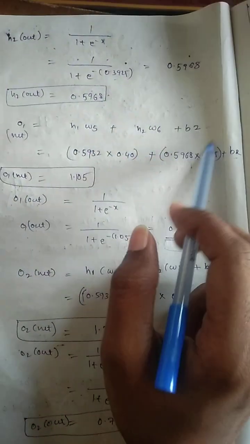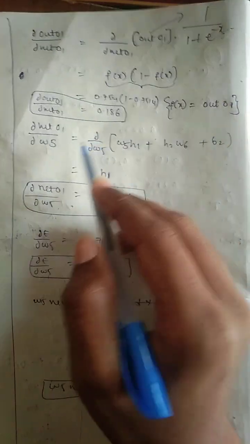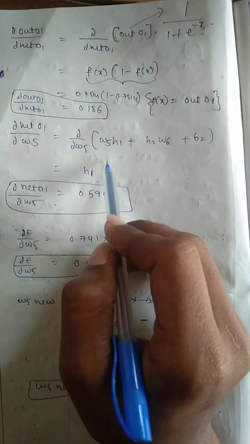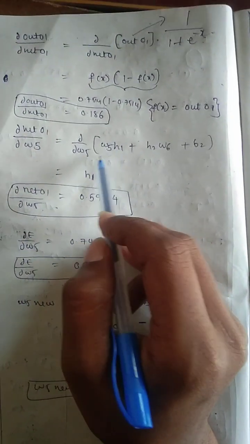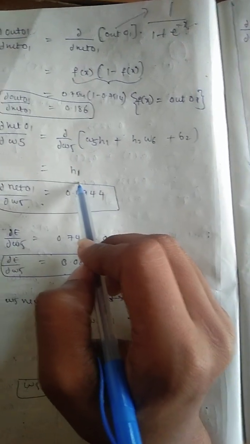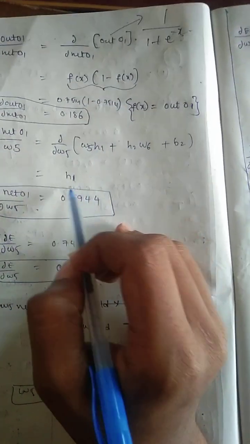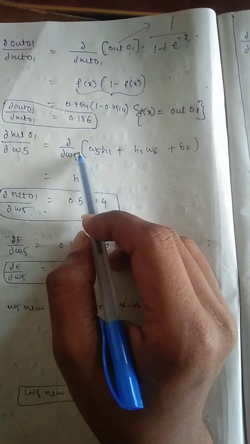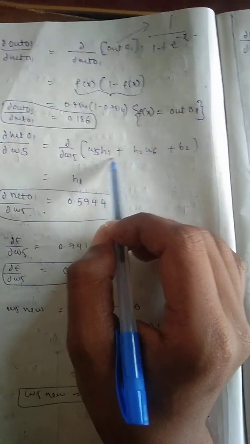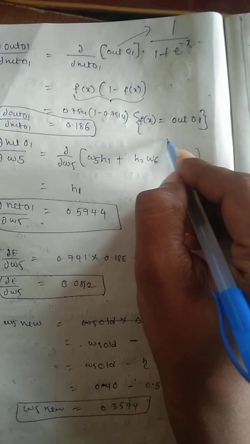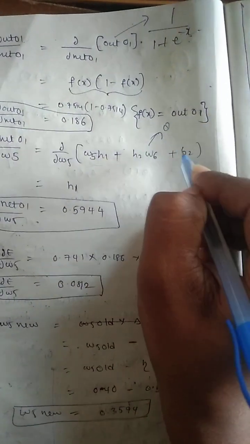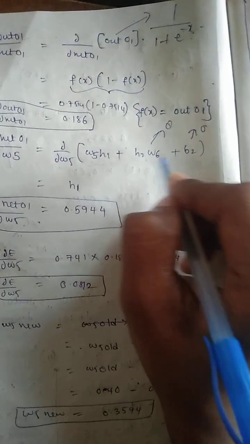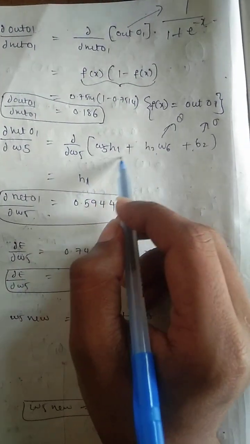I differentiate this term with respect to w5. Then what do we get? h1. How do we get this h1? If we differentiate with respect to w5, we only get the w5 term. The remaining terms become 0. Now both terms become 0, so only w5 remains.